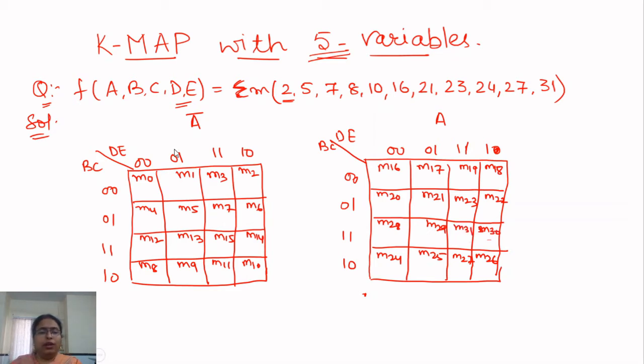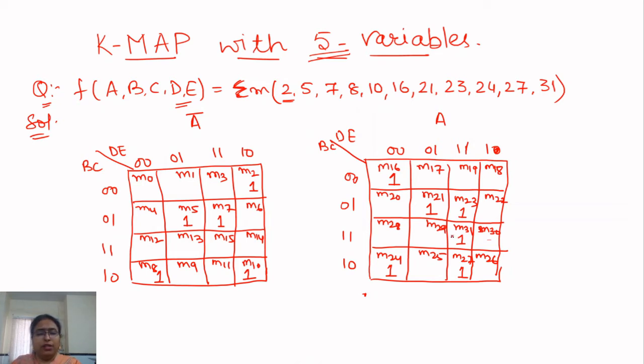Now we mark ones for M2, M5, M7, M8, then M10, M16, M21, M23, M24, M27 and M31, right? So these are the plotting of ones.